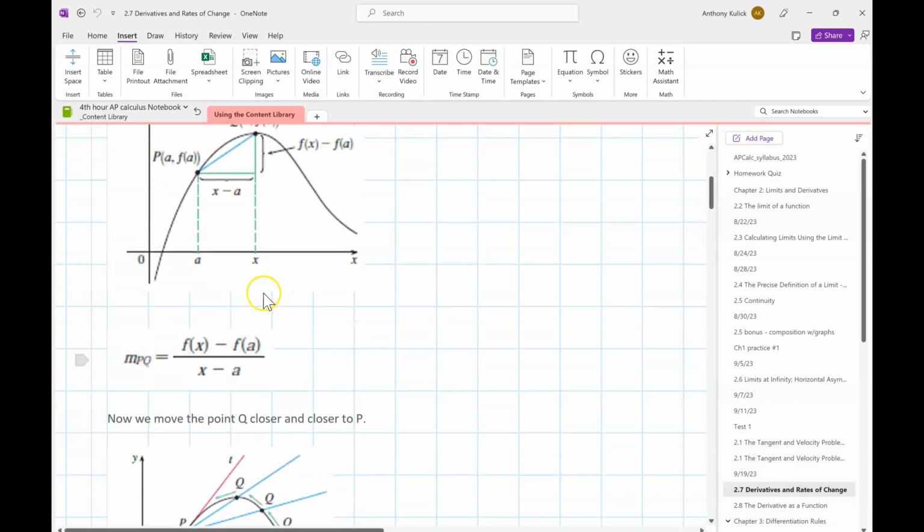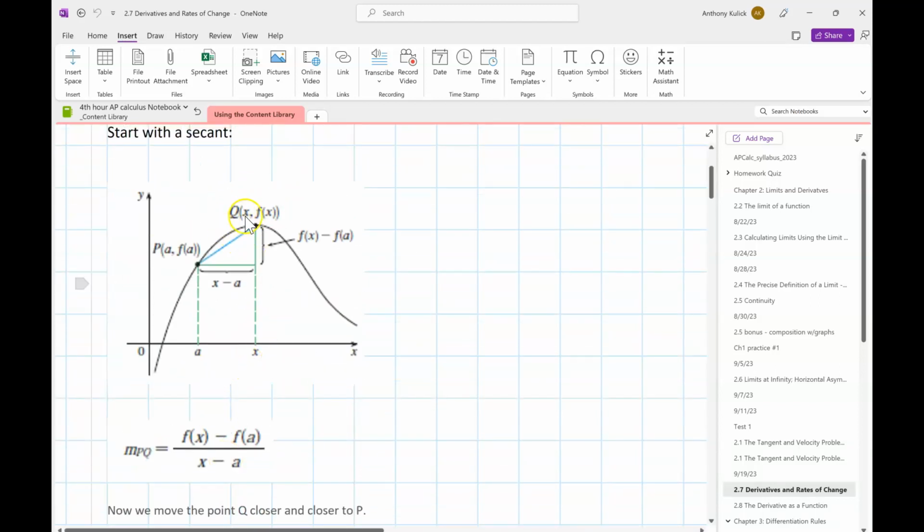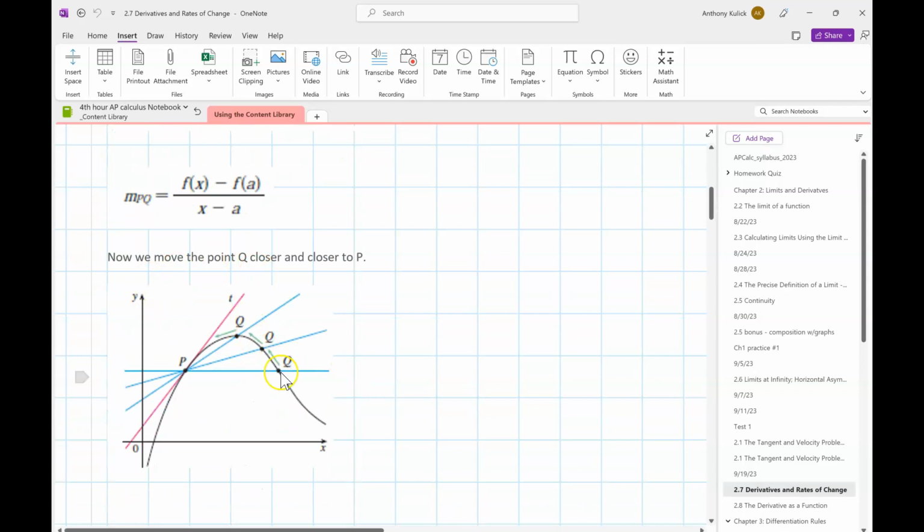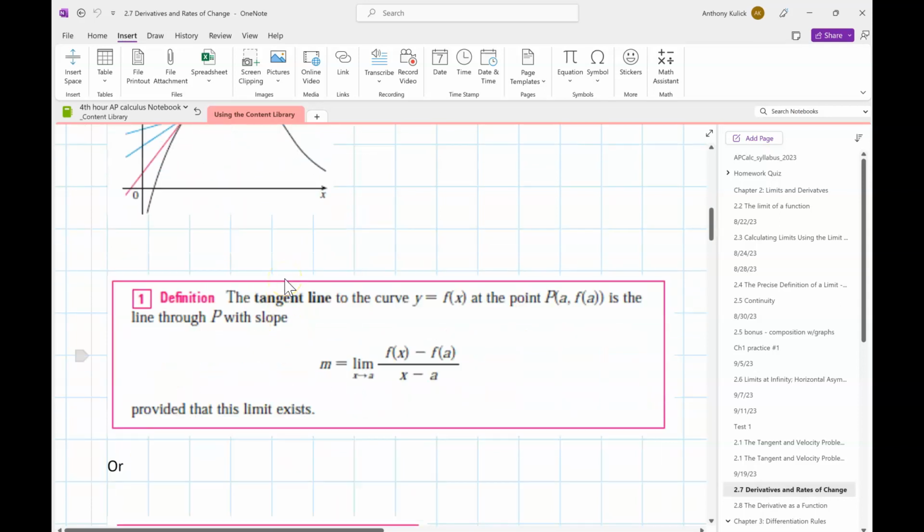So just like before, we start with the slope of the secant line, so that would be y2 minus y1 over x2 minus x1, or change in y over change in x. And if we get Q closer and closer, each time we move it, that slope is changing and getting closer and closer to the slope of that tangent line. So the way we represent that is with a limit.